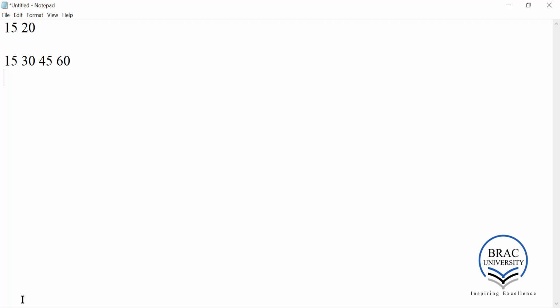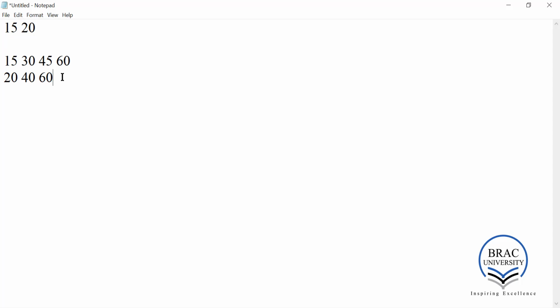In case of 20, what are the multiples? 20, 40, 60, right? So you can see that I have got a number which is a multiple of 20 and also a multiple of 15, and this is the least multiple of both of them, right? So 60 will be the answer for 15 and 20.